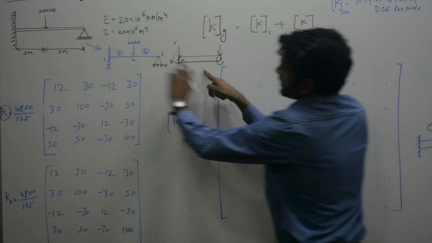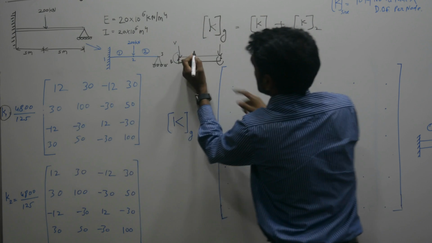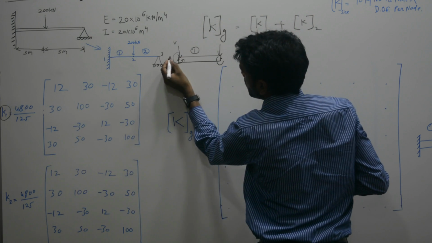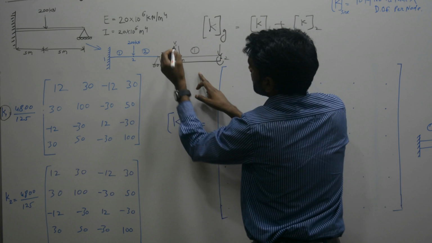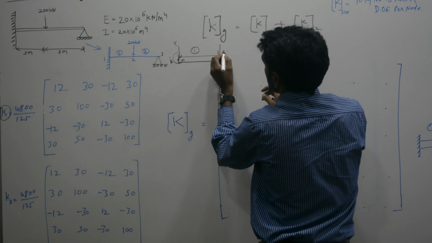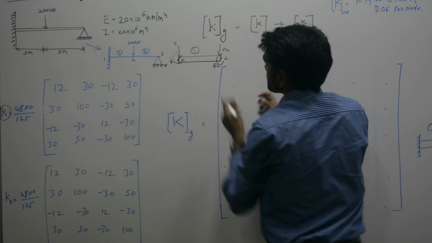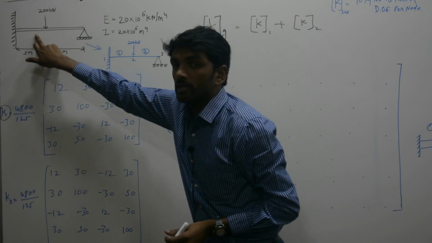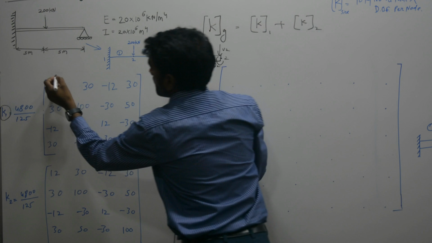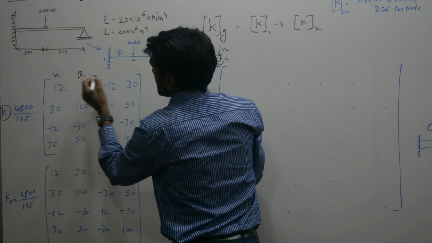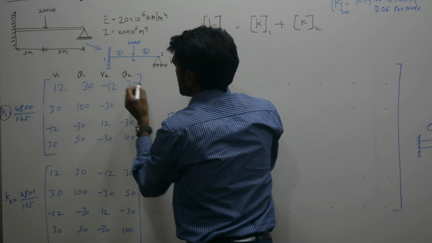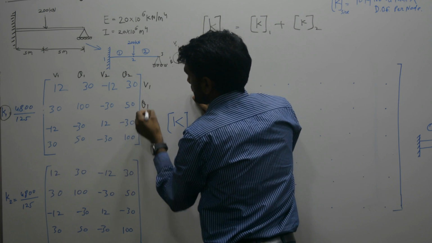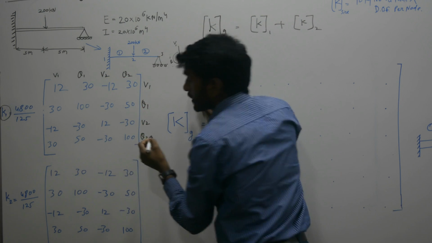If I take element number 1, I have node 1, node 2, then V1, theta 1, then V2 and theta 2 here. In the same way, because K1 signifies element number 1, I am numbering V1, theta 1, V2, theta 2, again V1, theta 1, V2, theta 2.